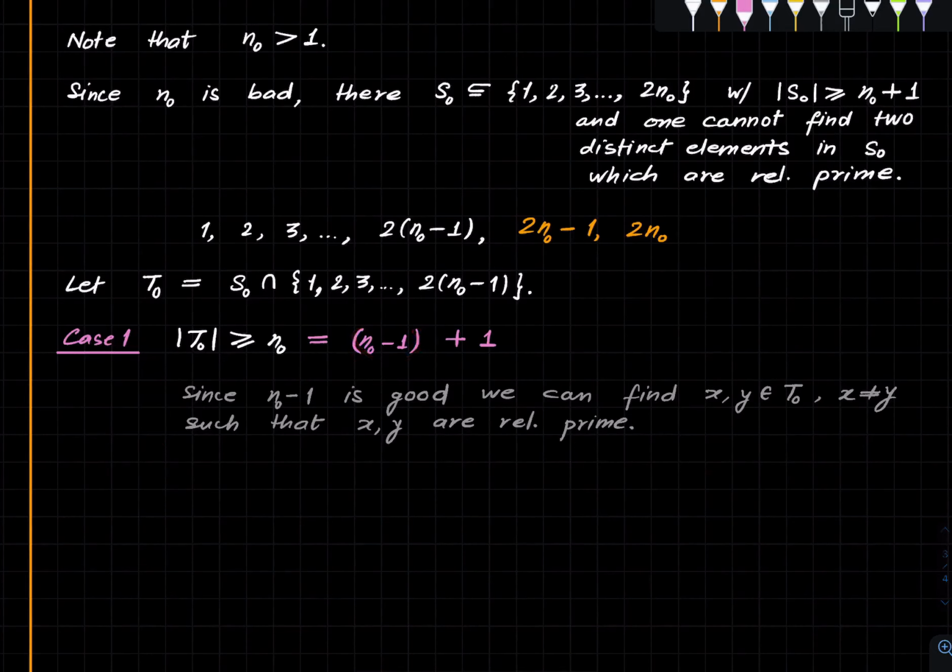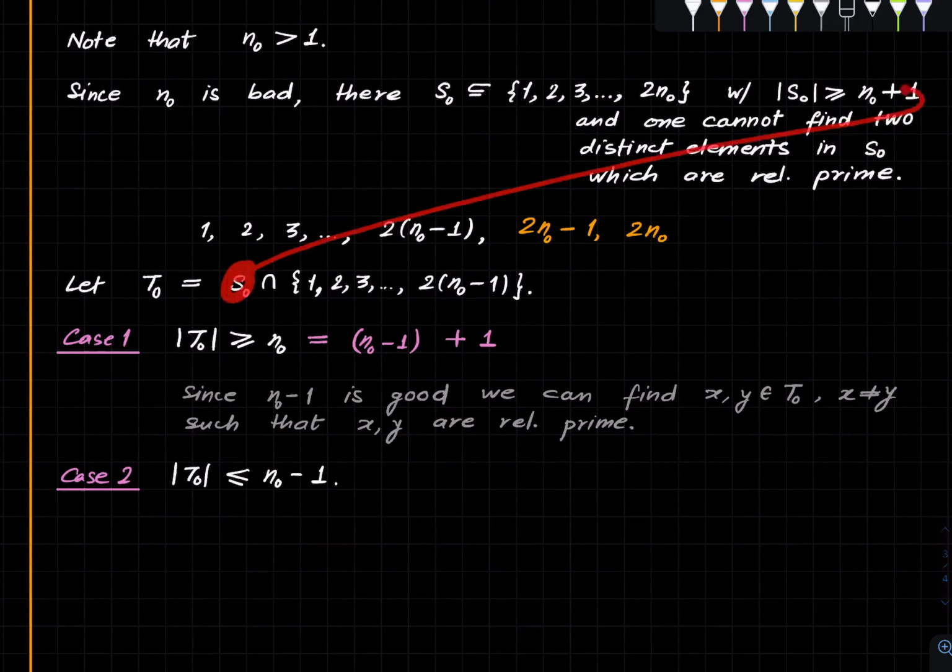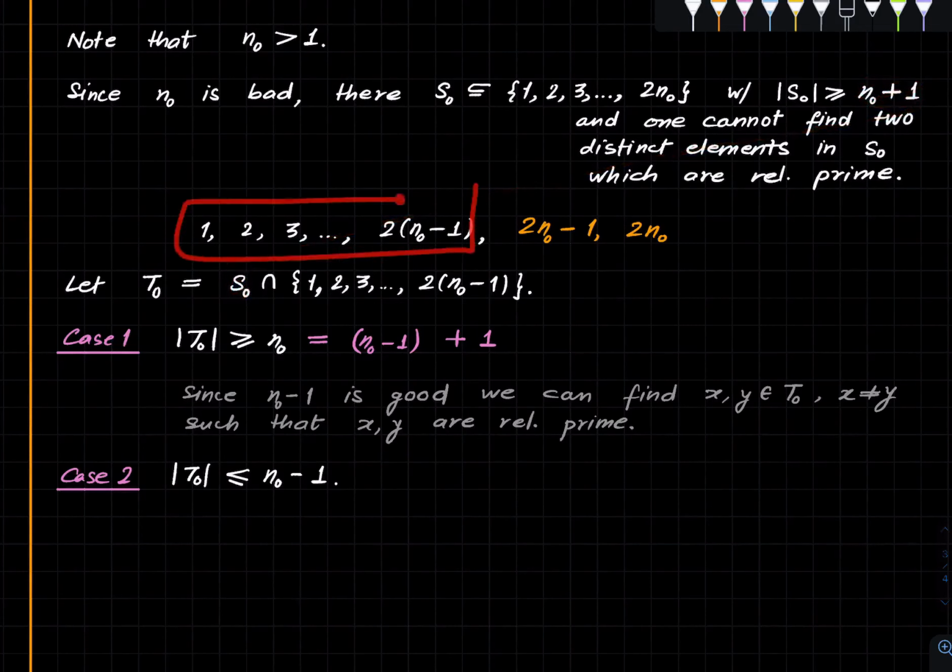And case 2 is that this is strictly less than n naught, or one may write it like this. So in this case, what happens? The size of the set S naught is at least that much, and the size of T naught, meaning within this part, it is having at most these many things.